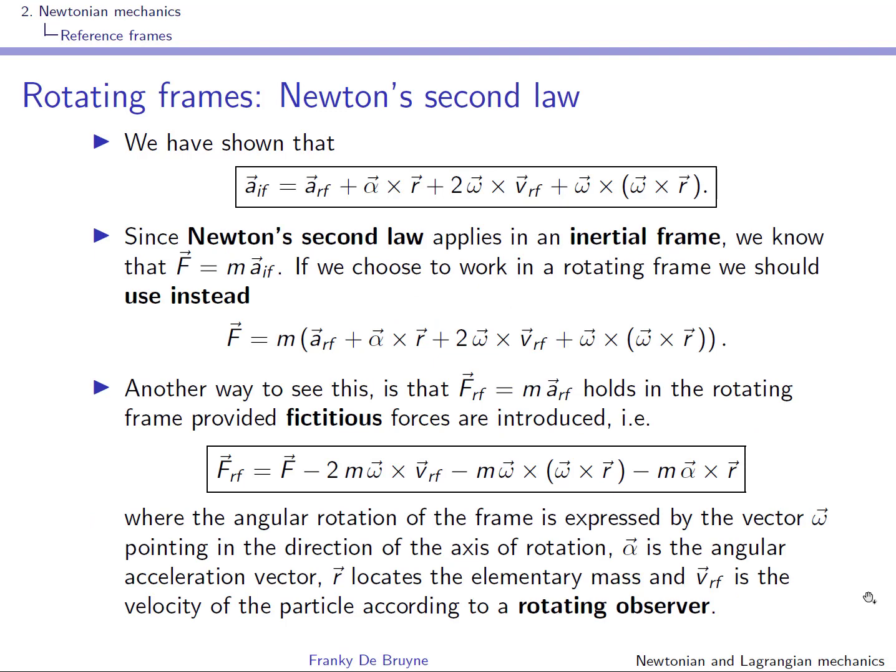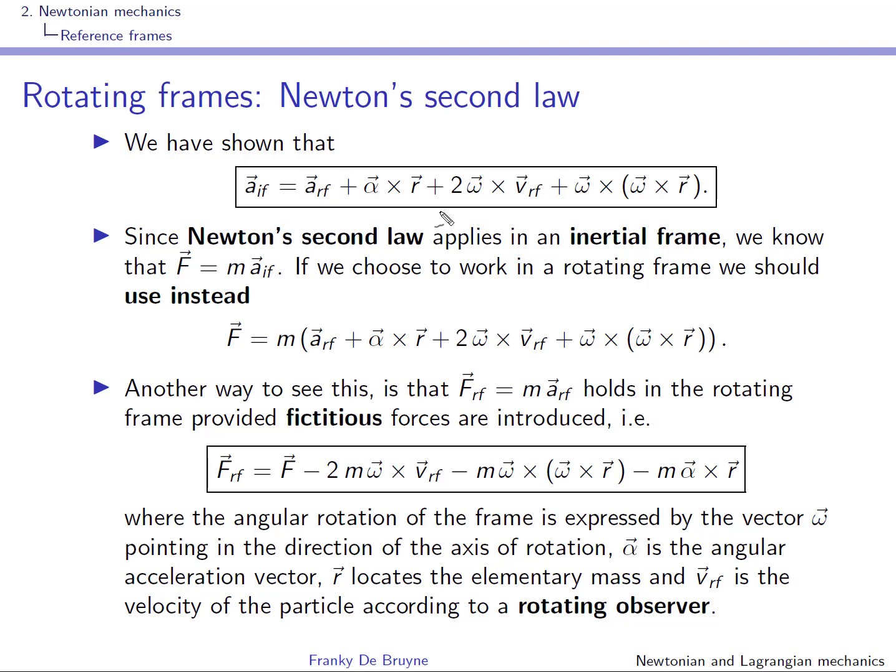We have just shown that the acceleration vector in the inertial frame can be written as a function of the acceleration vector in the rotating frame plus 3 additional terms. What we know is that the second law of Newton is valid in an inertial frame.